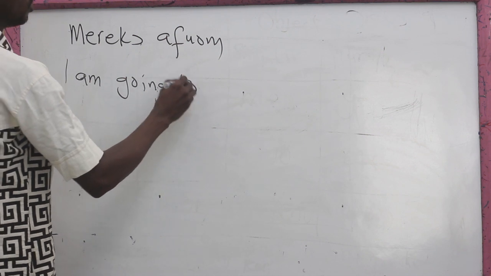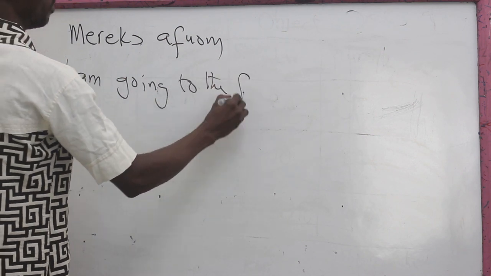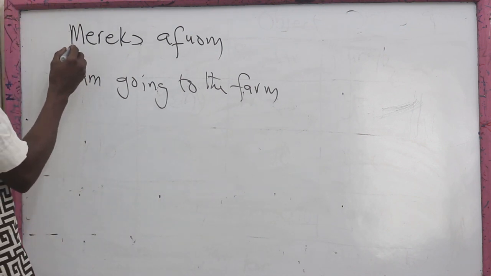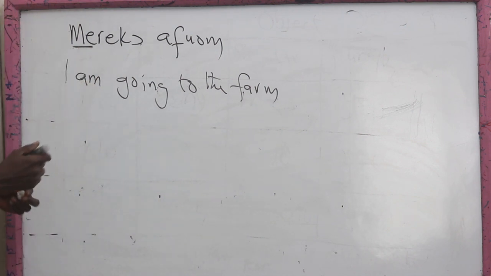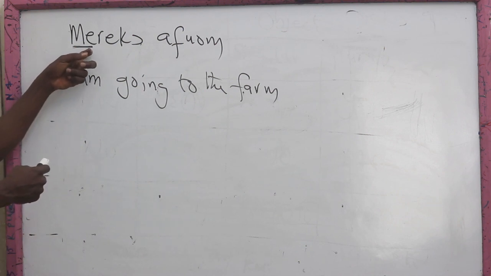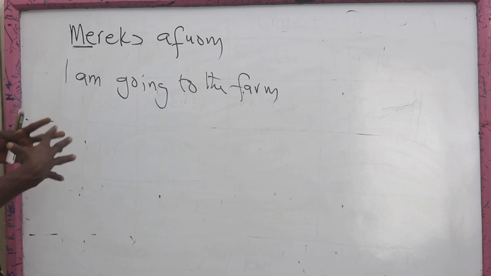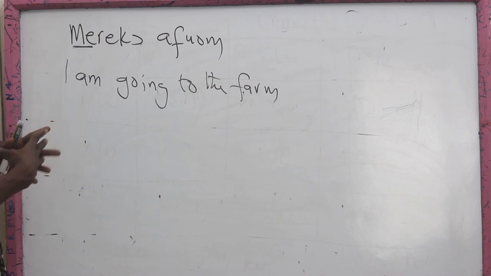Meko efuom is I am going to the farm, right? So this is the first person singular subject pronoun, me. But remember in Akan Twi, personal pronouns and verbs are written together.